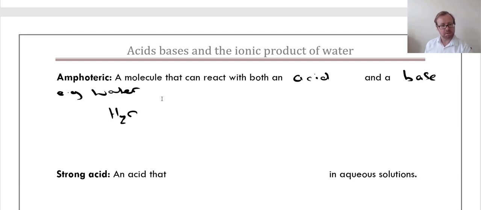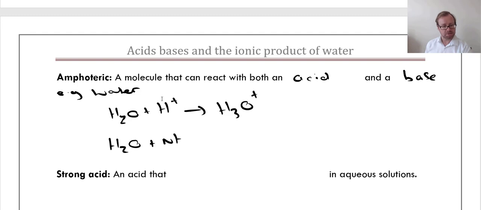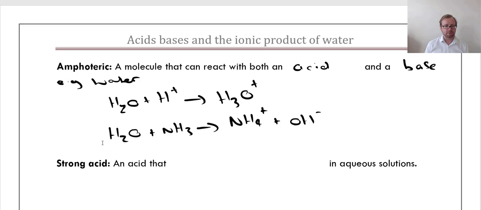So as we just said, H2O plus H plus can react to form H3O plus, our oxonium ion, or it can behave as a base by accepting a H plus in this reaction as well. So we can say that water is amphoteric because it can react as an acid or it can react as a base.